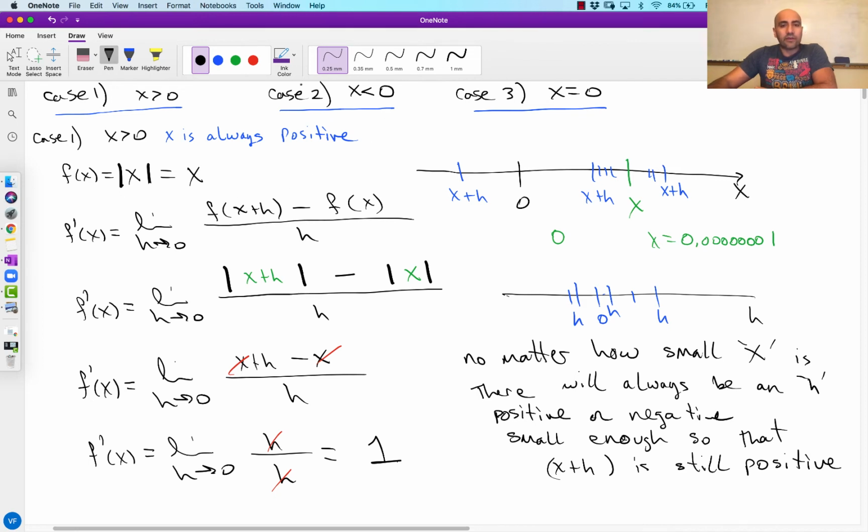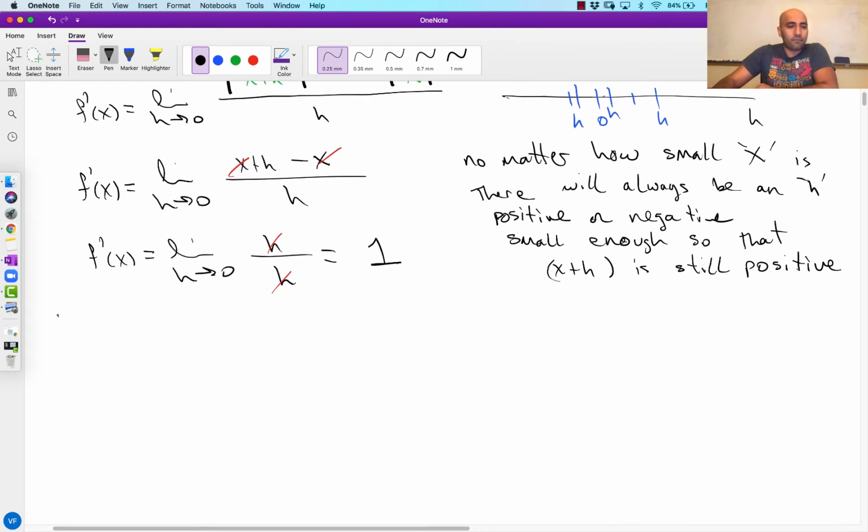Okay, so now we're going to go to case 2, the case when it's always negative. Case 2, x is less than 0. In other words, x is always negative. Okay, so just like before, we're going to set up our limit.